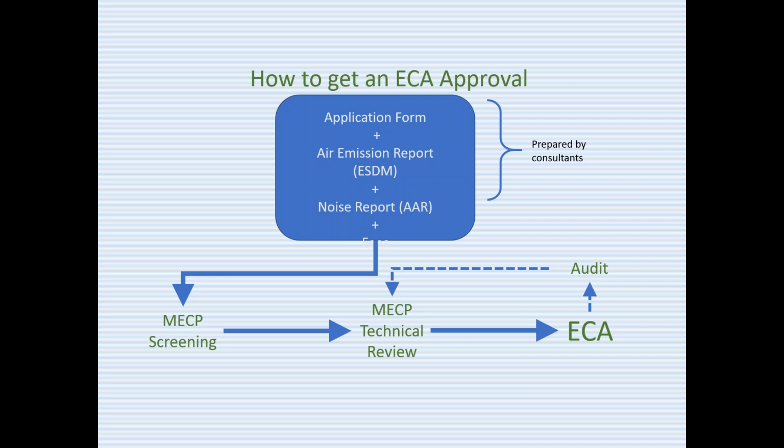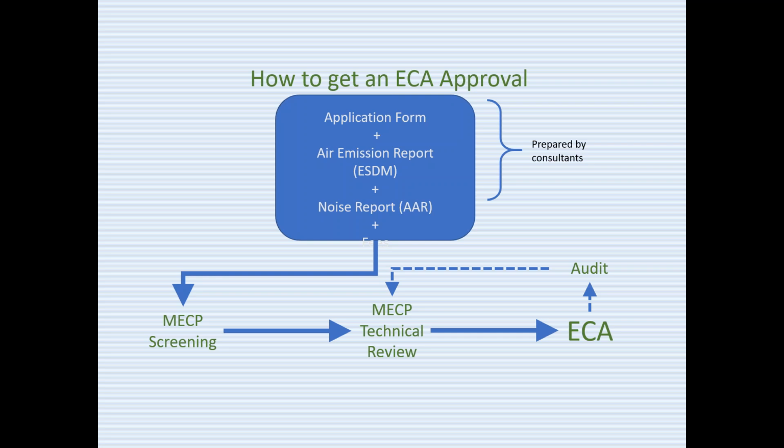The ministry is going to go through the application, screen it for some minimum requirements, and it's going to conduct a technical review to check that all the assumptions and all the calculations in those technical reports, in the air emission report and the noise report, are correct, and they're satisfied with it. And then only after they're going to issue the ECA.